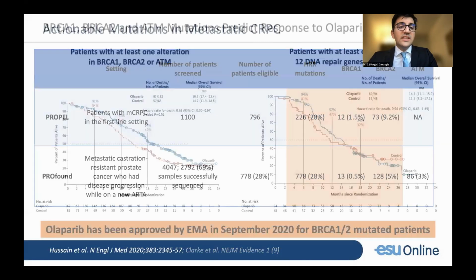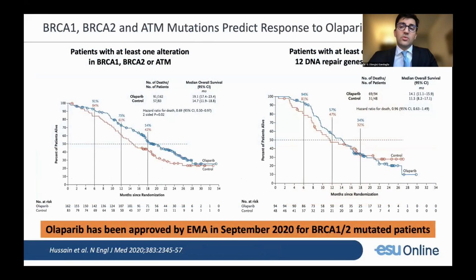And this is key for the selection of patients who should be considered for novel systemic therapies, such as olaparib, for example. And here you can see at your left how olaparib provides a survival benefit in men with at least one alteration in BRCA1, BRCA2, or ATM. And on the other hand, we can see that this is not the case for men with at least one mutation in other 12 genes associated with DNA repair.